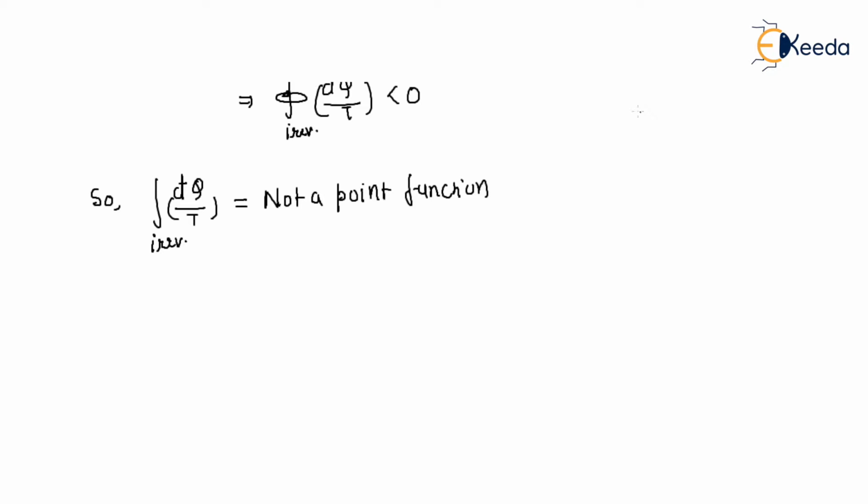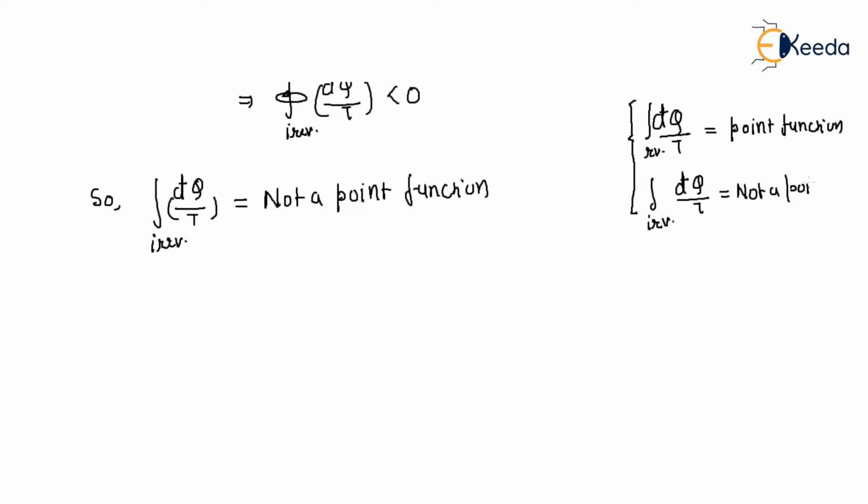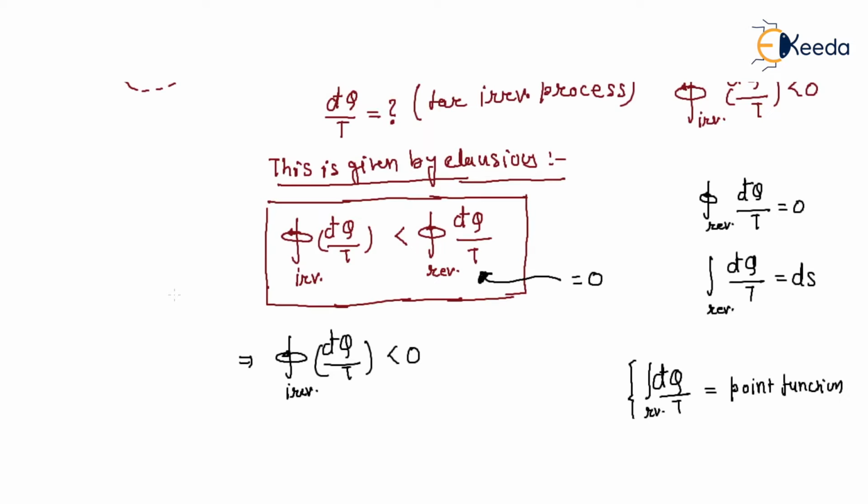So keep in mind that dq by T for a reversible process is a point function, but the cyclic integration of dq by T for an irreversible process is not a point function. So for different irreversible paths, it will have a different value.